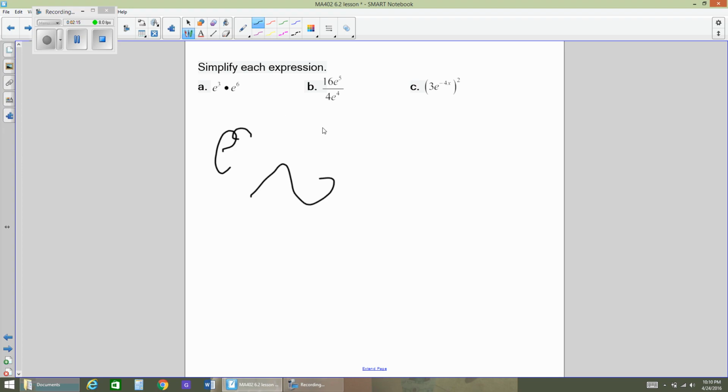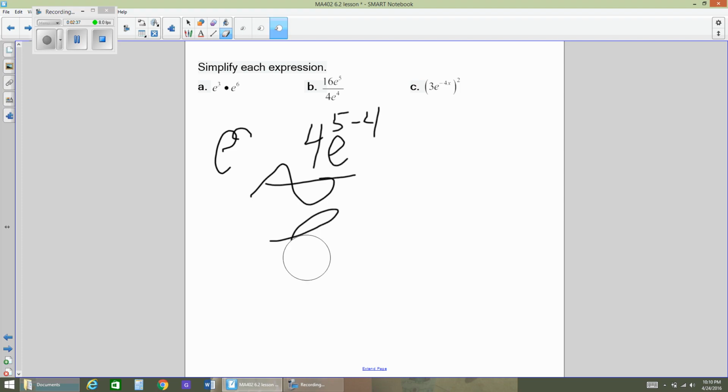And then we have 16 over 4. So 16 over 4 is just 4, and e to the fifth over e to the fourth is e to the 5 minus 4 on top. It's a short lesson anyway.